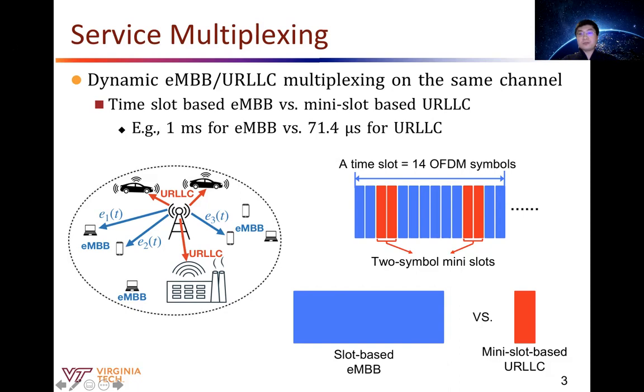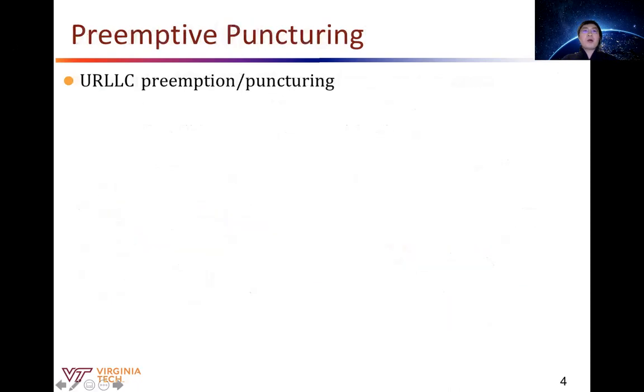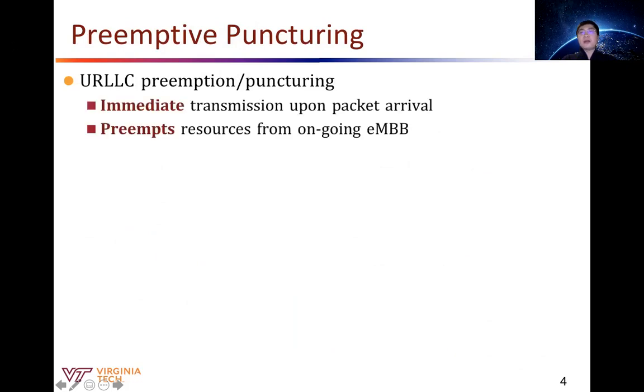A promising approach to the dynamic multiplexing of eMBB and URLLC data traffic is the preemptive puncturing mechanism. Specifically, an arrived URLLC packet will be transmitted immediately in the next available mini-slot. The frequency resources required for this transmission are obtained by preempting the ongoing eMBB transmissions on the channel.